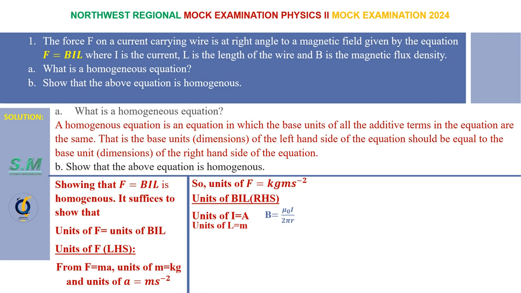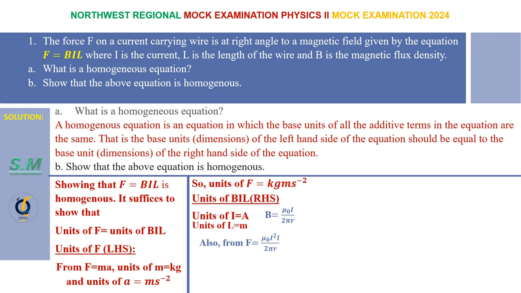And so we can now get the base unit of B, but mu naught becomes a disturbance, so we can use the relationship for the magnetic force between two current carrying conductors, which is given by F = mu naught I squared L divided by 2 pi r.